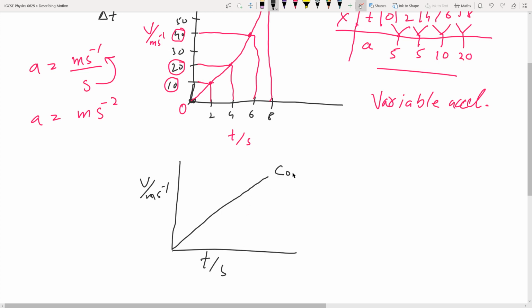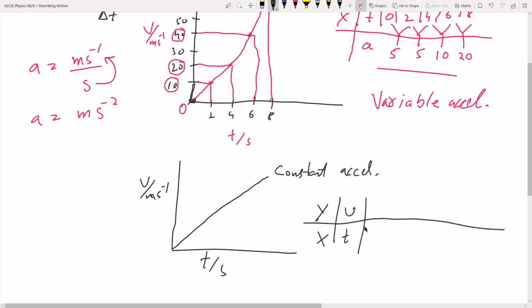This represents constant acceleration, and I can chart it simply as y over x, where y is v and t, and let's say it is 0, 10, 20, 30 and 40. We simply put a difference of 1 centimeter for the sake of understanding. So every second we are measuring the speed.